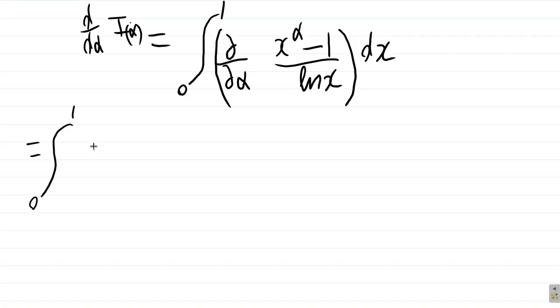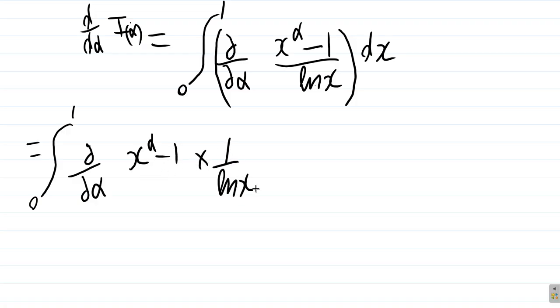In this case, what we have is the integral from 0 to 1 of the partial with respect to alpha of x to the alpha minus 1, times 1 over ln x, and then later on we do the integral with respect to x, right?